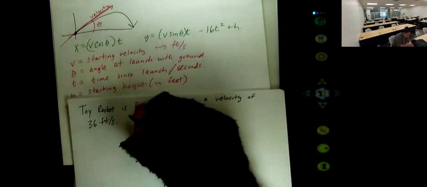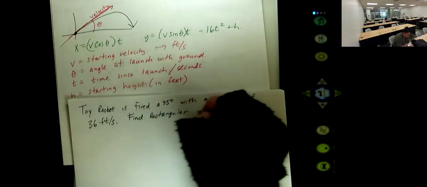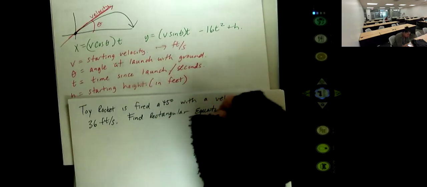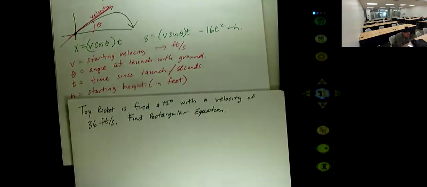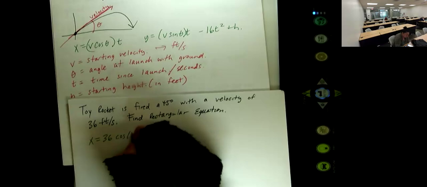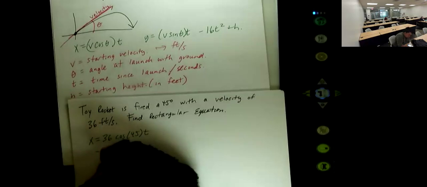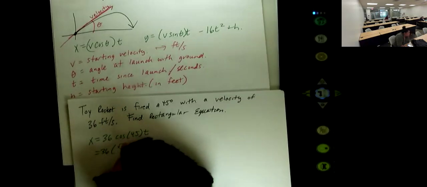Let's find the rectangular equation. So I'll start with the x one, x is 36 cosine of 45 t, which is 36 times √2/2 t.